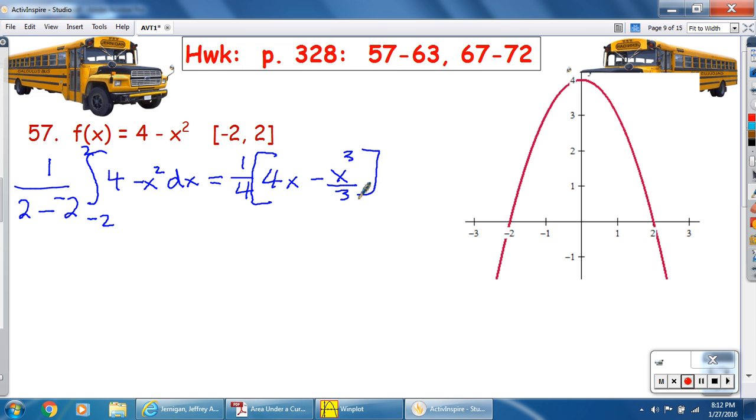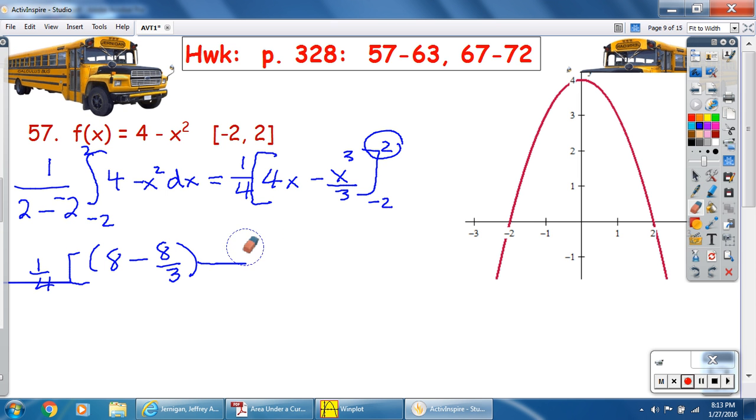And again, we're going from negative 2 to 2. So we have 1/4 of, substituting in the upper bound of 2, 4 times 2 is 8, minus 2 cubed is 8, so that's 8 over 3. And then the lower bound, remember the fundamental theorem of calculus.